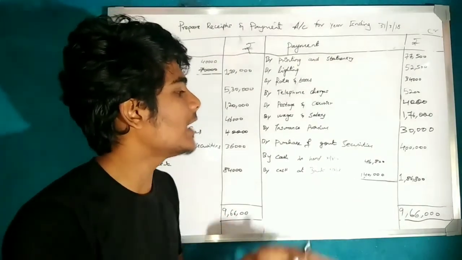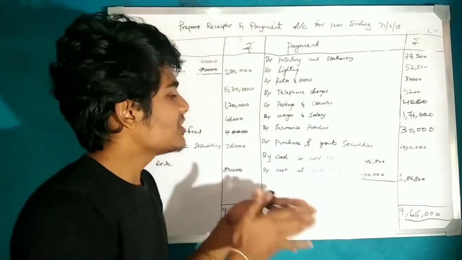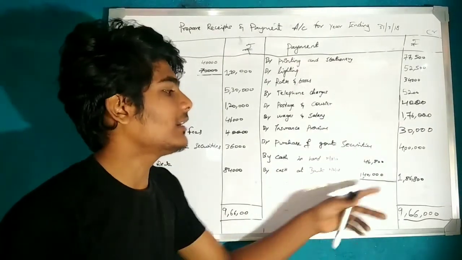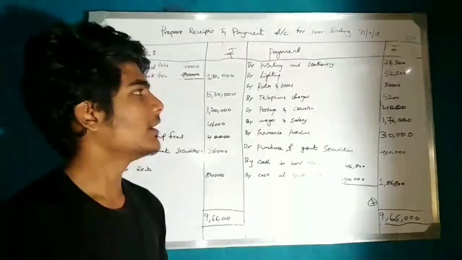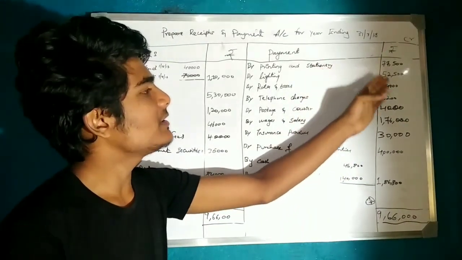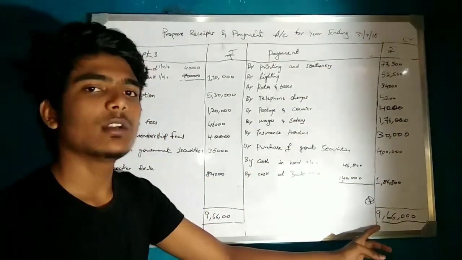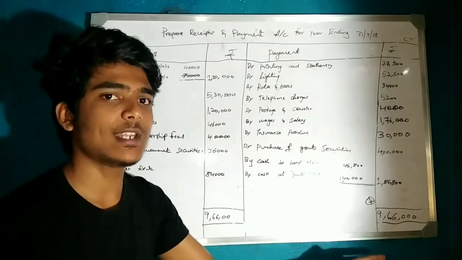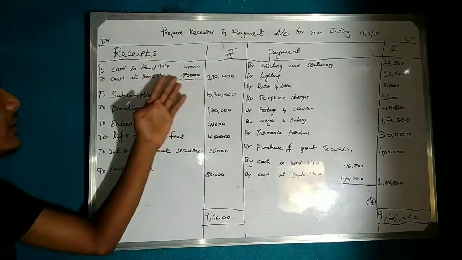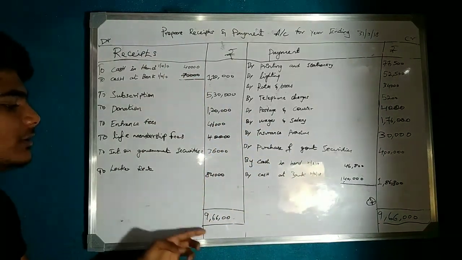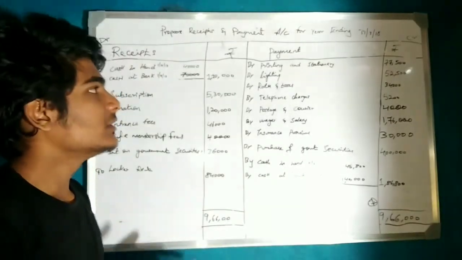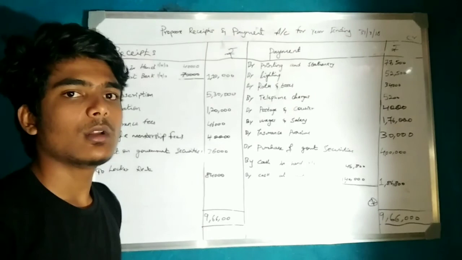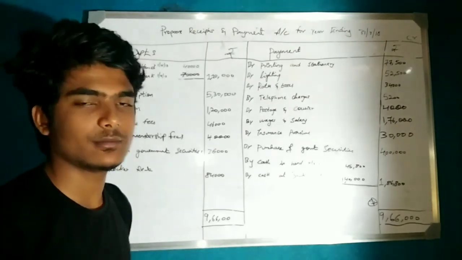If you add both the amounts of cash in hand as well as cash at bank, you get 1,86,800. If you calculate the payments total, you get 9,66,000. Same, if you total all the receipts, you will get 9,66,000. Here, the receipts and payment account has been balanced.